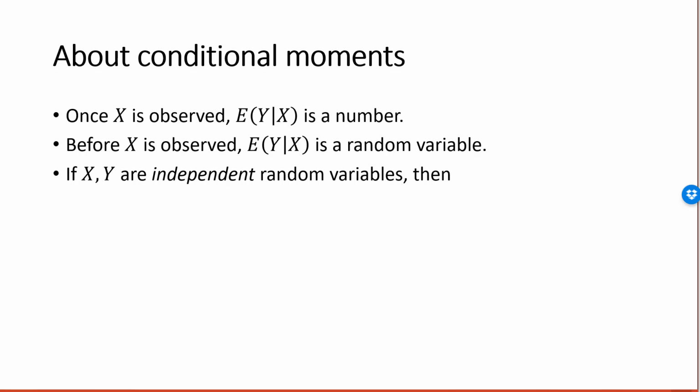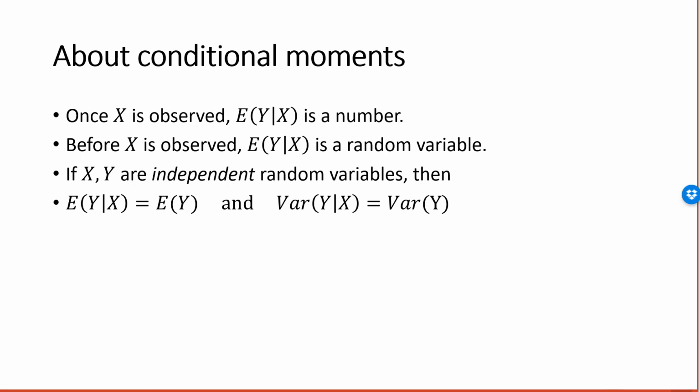So if x and y are independent random variables, then the expected value of y given x is the same as the expected value of y without conditioning on x. It's quite natural because they're independent, so x doesn't tell you anything about y. So the expected value of y will not change with this information about the value of x. And the same goes for the variance. The variance of y given x is the same as the variance of y if they are independent.